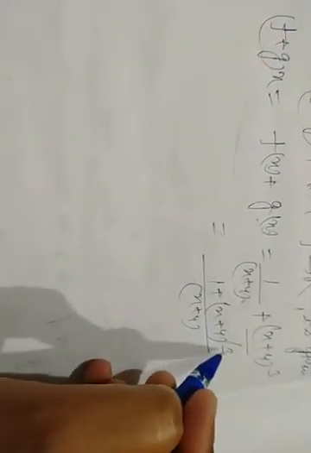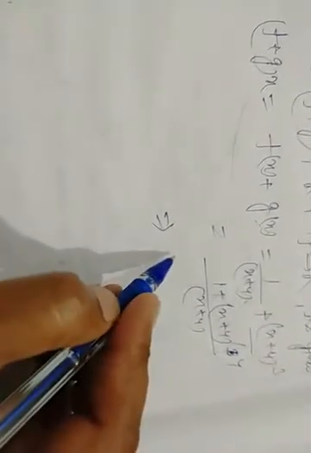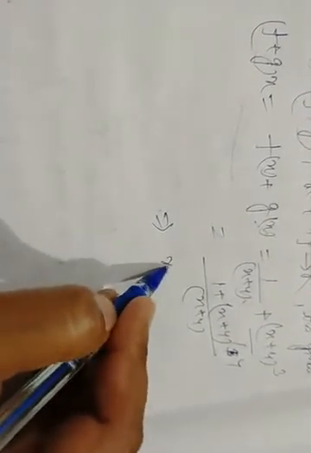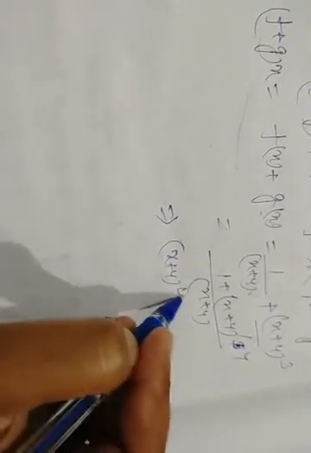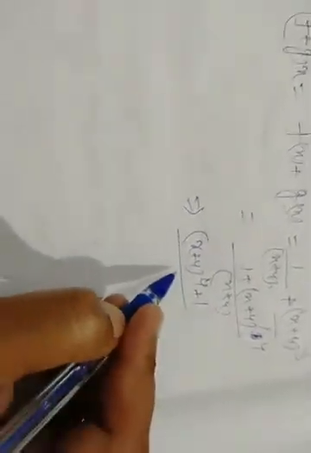Now here take LCM. X plus 4, that is 1 plus x plus 4 whole cube, over x plus 4. This is one answer.